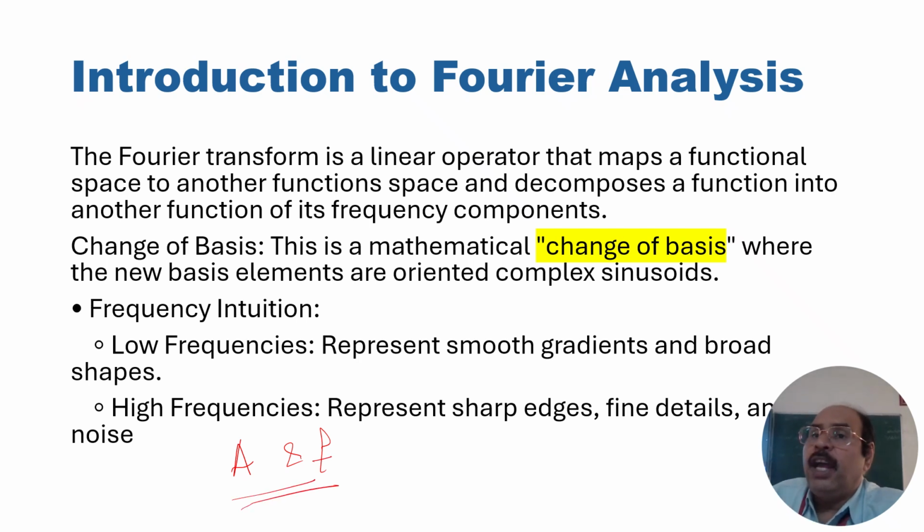In general, any wave can be expressed in terms of amplitude and frequency. Frequency is the number of times a thing is repeated. Frequently means something happens often, and that is where frequency is derived from.